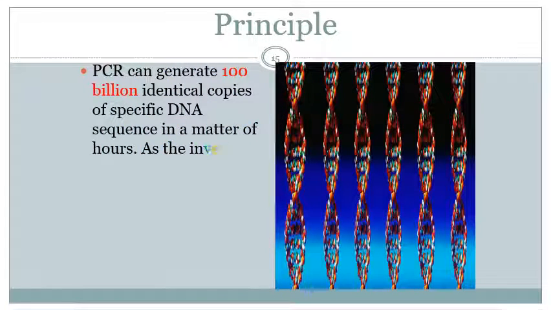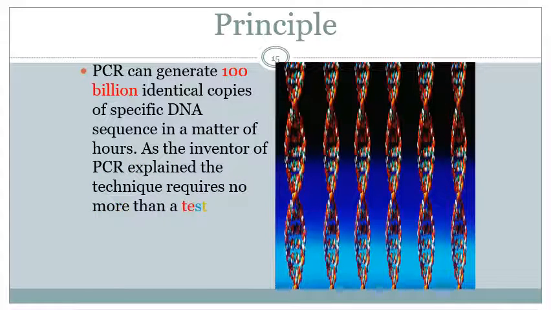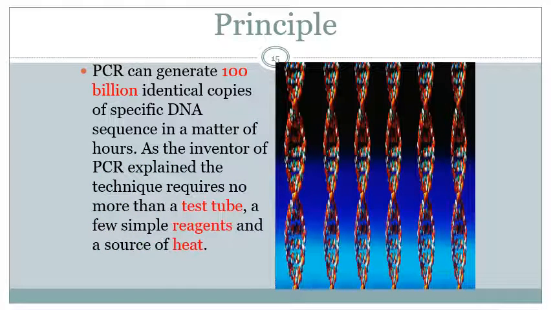PCR can generate 100 billion identical copies of a specific DNA in a matter of hours. It depends upon the technique you are using, but normally it takes 1.30 hours to 3 hours. It's all done in a test tube, with reagents and heat.